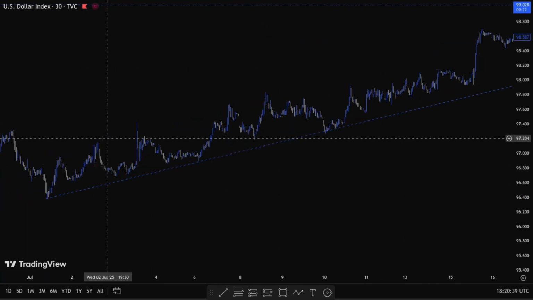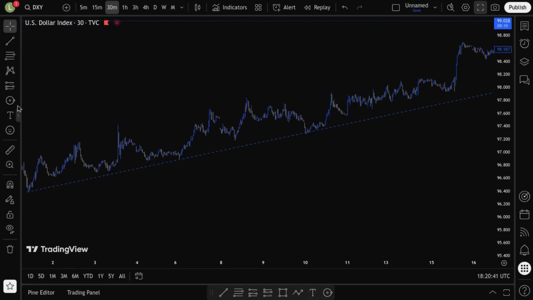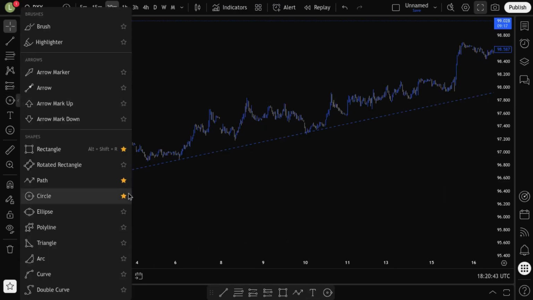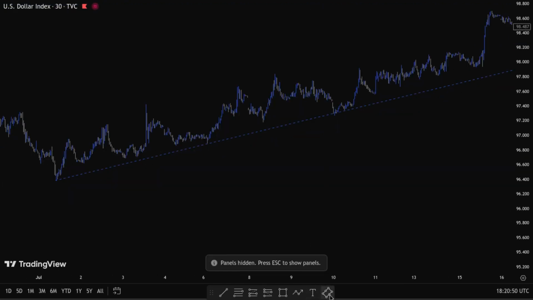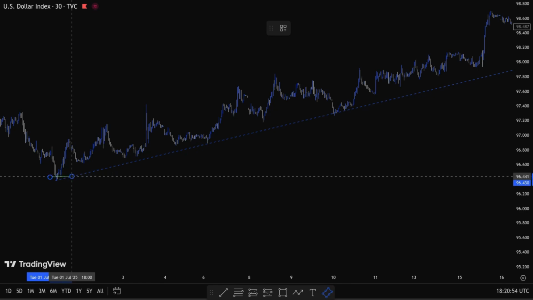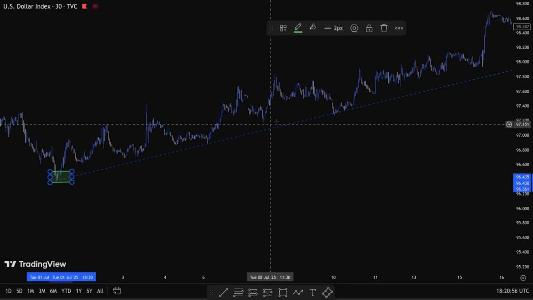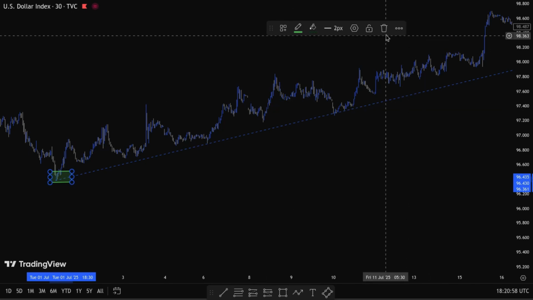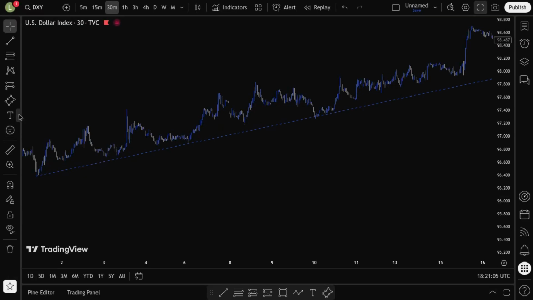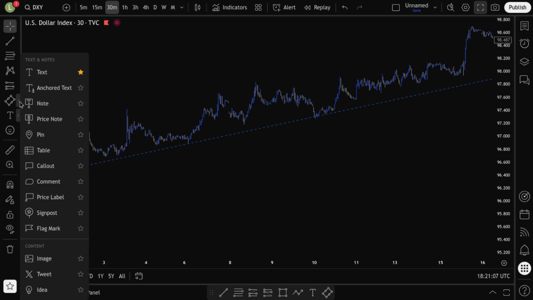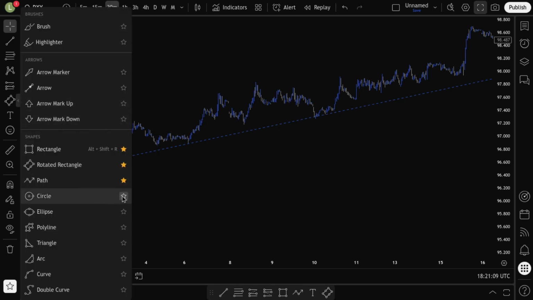Let me work on this. Just remove this circle, it's annoying. No, I don't like the circle. Let's go with this for the meantime. I think this is even worse. Let's just go with the circle. The circle is better.